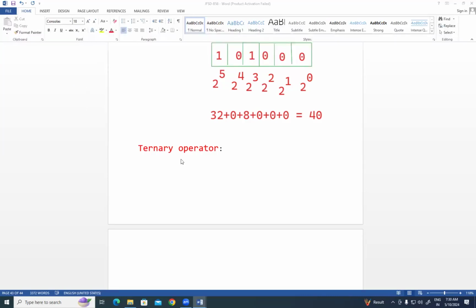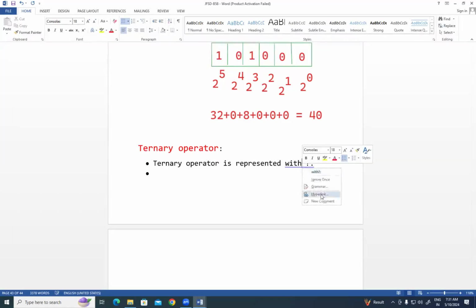Folks, now we are working with a ternary operator. First of all, the ternary operator is represented with a symbol like this: a question mark followed by a colon, or simply question mark colon. The ternary operator works with three parts.